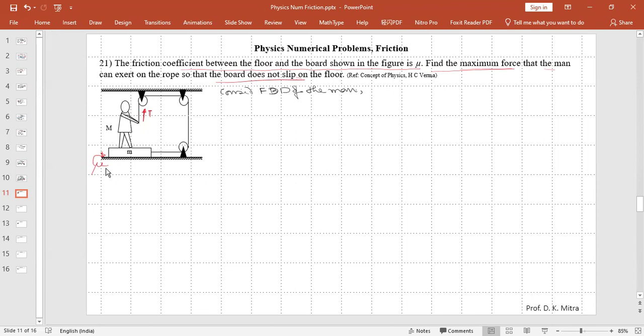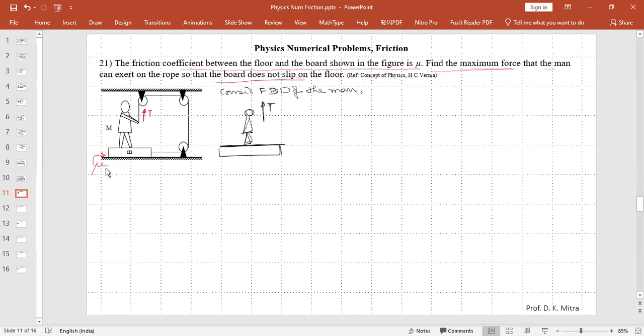This is the man, and this is the board below him. Now, here there is an upward tension T. Actually, if the man pulls the rope by T, there is an equivalent upward tension T.